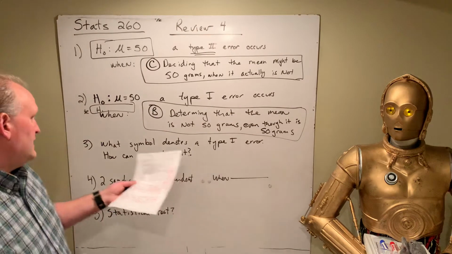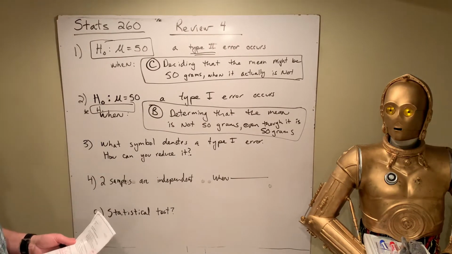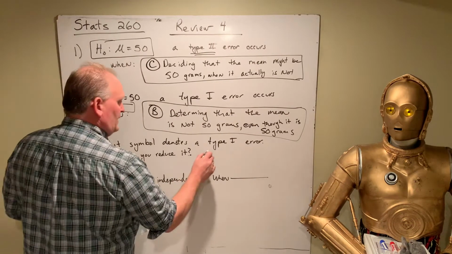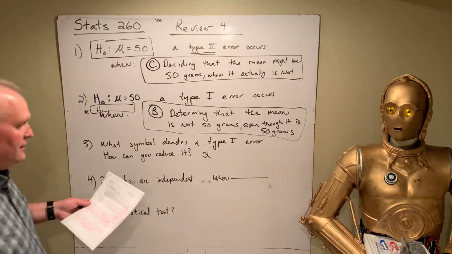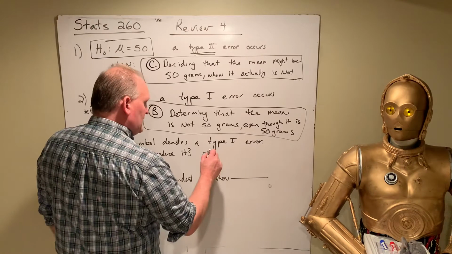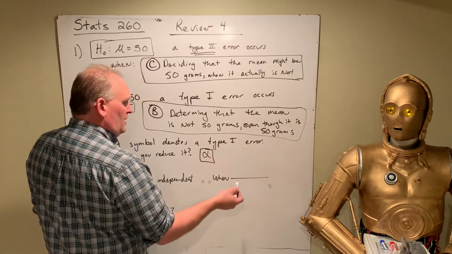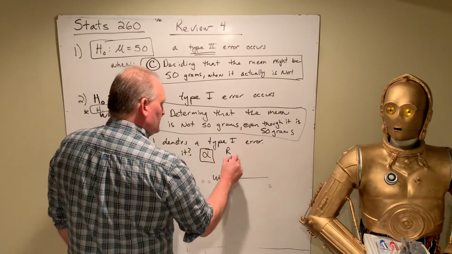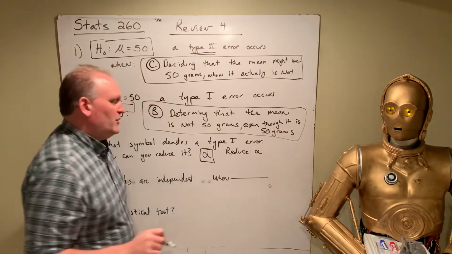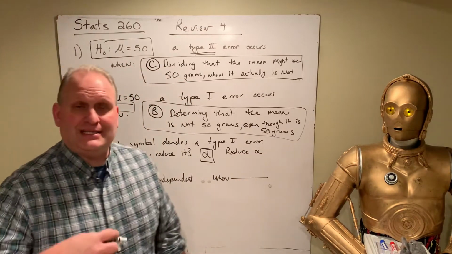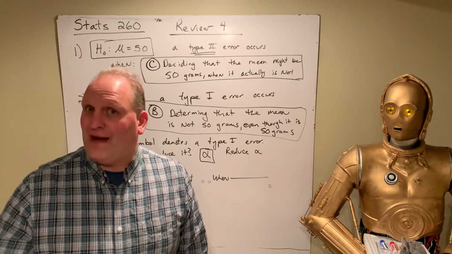And then they kind of continue on number 3. What's the symbol for type 1 error? That's alpha. And how can you reduce it? Well, the easiest way to reduce the possibility of a type 1 error is reduce alpha. So if you're really worried about a type 1 error, instead of having alpha set at 10%, maybe set it at 5%.